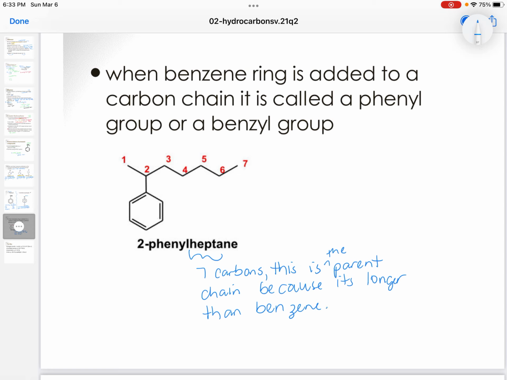And then it's got YL, just like all of our other branches. So now the benzene ring is considered to be the branch. Where is the branch? It's on carbon 2.